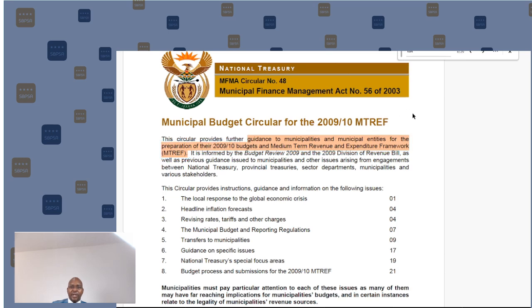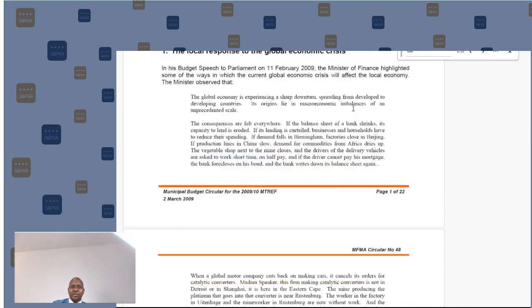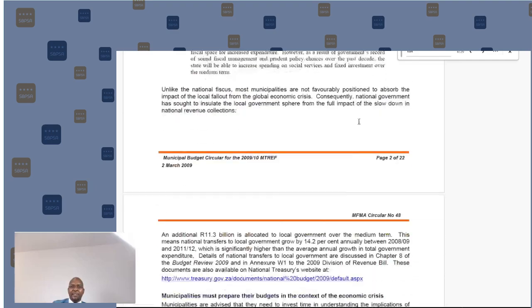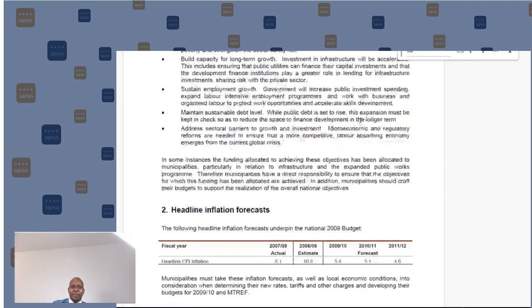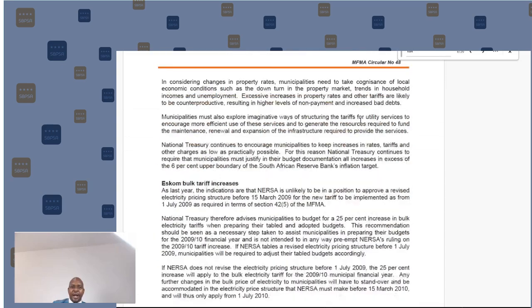Remember, because of the introduction of the act, there were changes that needed to happen on how municipalities do their budget. So this circular was meant to cover that, and it covers a whole lot of issues that must be covered together with these changes.